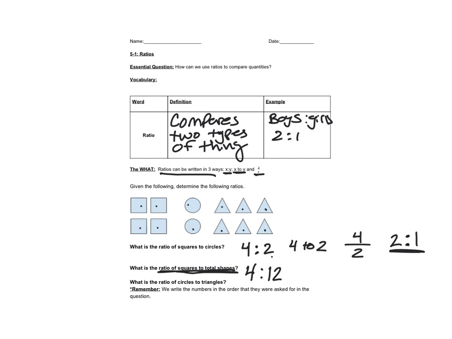So the ratio of squares to total shapes is 4 to 12, or 4:12, or 4 over 12 as a fraction. Now once again, we can reduce this ratio, and if we divide both by 4, we get 1 to 3. So that means that there is 1 square for every 3 shapes.